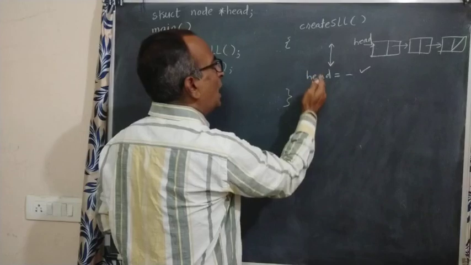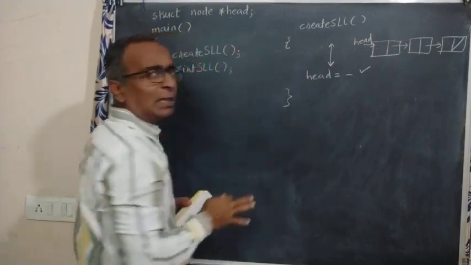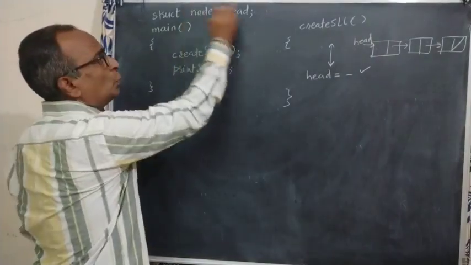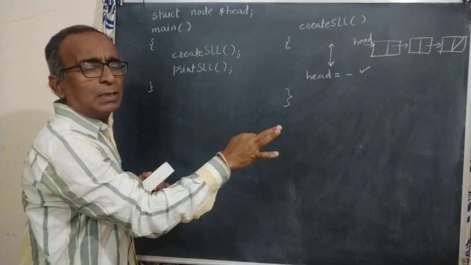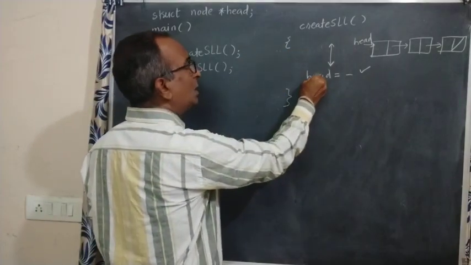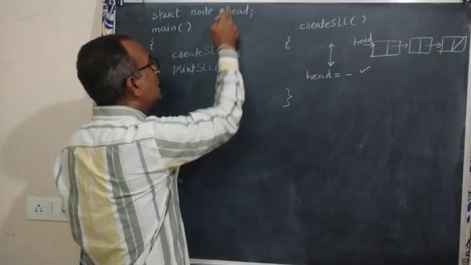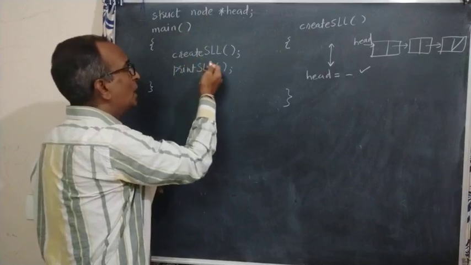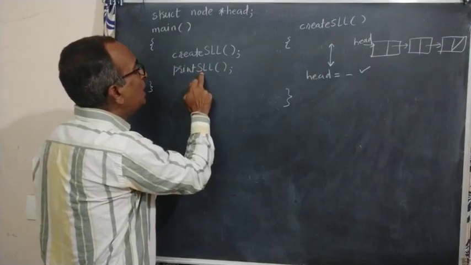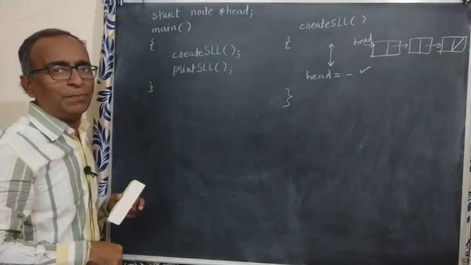And as head is a global variable, there is no need of returning that. What main wants for printing the linked list is that the head node should be set to some linked list created by somebody. So head you are setting here, that is a global variable. Whatever it is setting, that is visible to create SLL, that is visible to print SLL also. So print SLL will print the linked list which is pointed to by head.